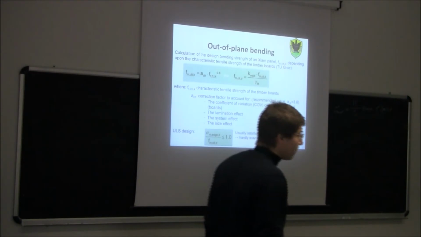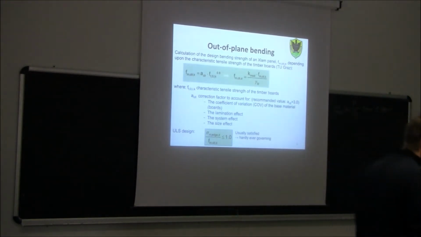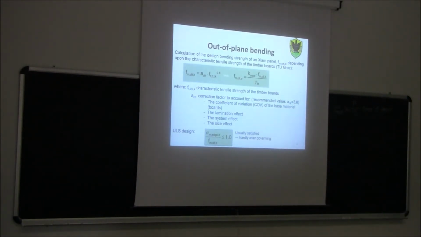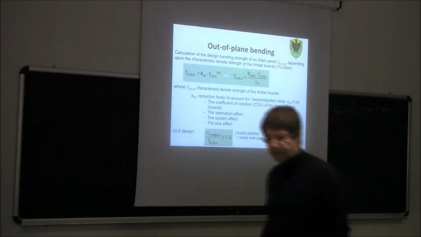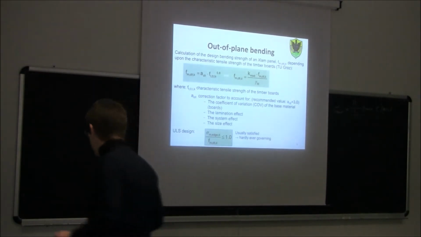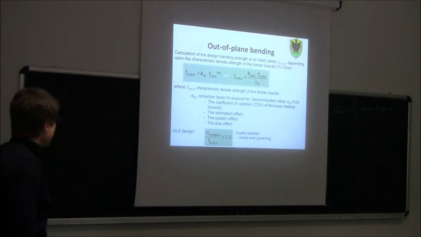However, Eurocode 5 is under revision, and there will be a new generation of Eurocode 5 which will be published in maybe 1 year, even less, and will become effective in 2022, 2023, so we're still at least 4 years behind the final date when the new version will become effective.